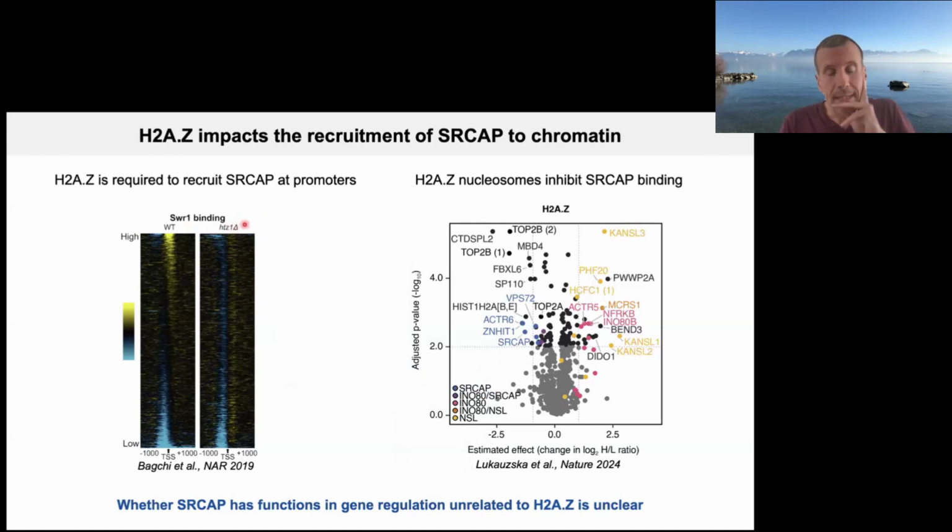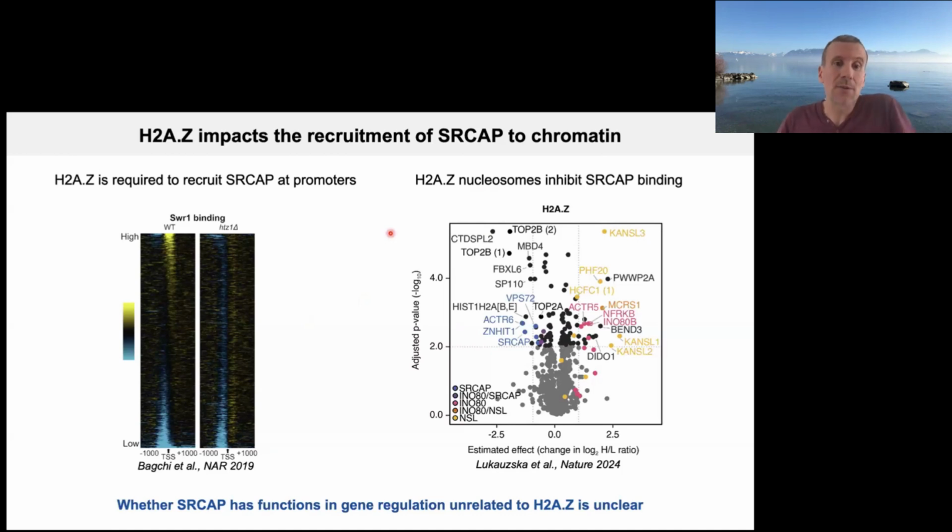If you deplete H2A.Z in these conditions, you see that SWR1 is binding much less to the promoter regions where it's normally heavily occupying in yeast. And another more recent study has shown that when H2A.Z is incorporated in nucleosomes, it actually repels SRCAP as compared to canonical nucleosomes. So this tells us that each time you touch H2A.Z levels, you may also alter the binding landscape of its chromatin remodeler.